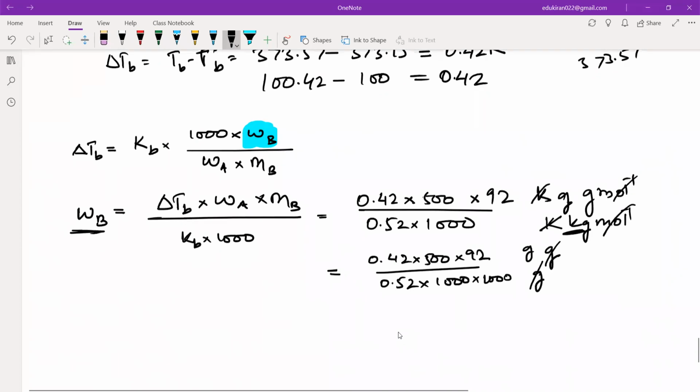Please calculate now 0.42 into 500 into 92 divided by... 10 to the power 6 is coming, so WB will not decrease much. 1000 and KB come to the bottom, WA and MB go to the top.